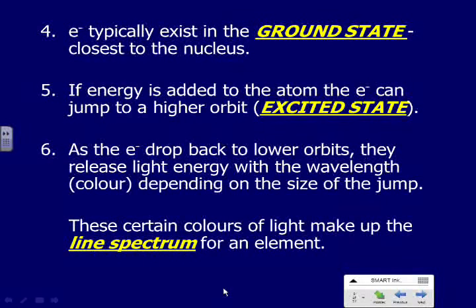It's got to be the exact color. If you didn't shine that exact color on it, nothing would happen. It would be like a failed kick. It would result in the electron maybe ending up halfway, but that's against the rules. So it stays where it is, and the light keeps on going. So you've got to hit it with exactly the right color of light to get the electron to jump up.